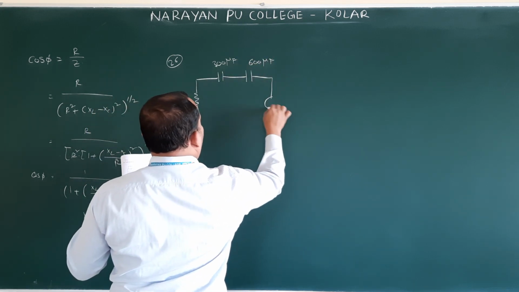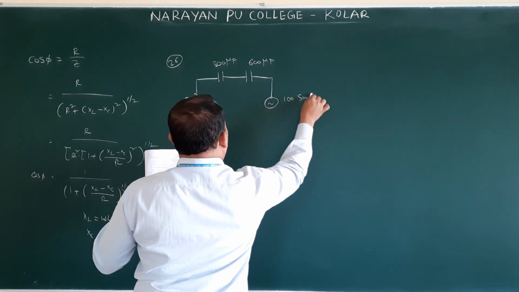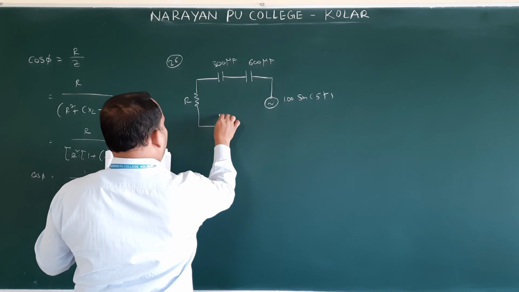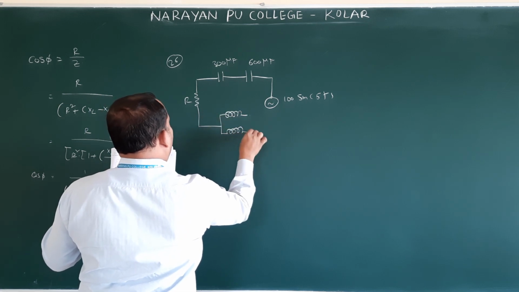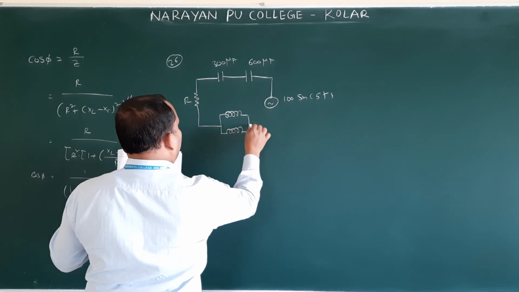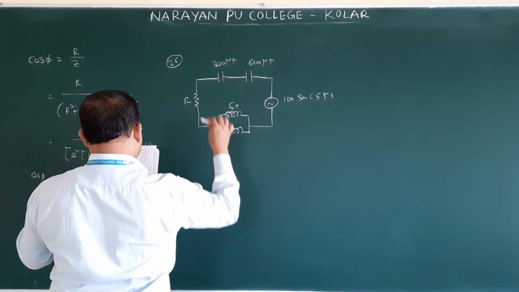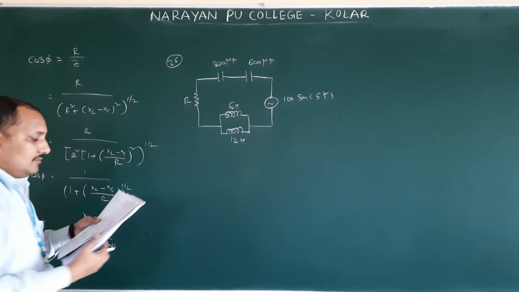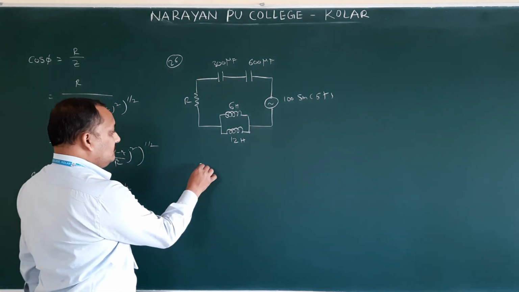This is connected to an AC source 100 sin 5t, and two inductors, 6 Henry and 12 Henry, are connected to the AC source.